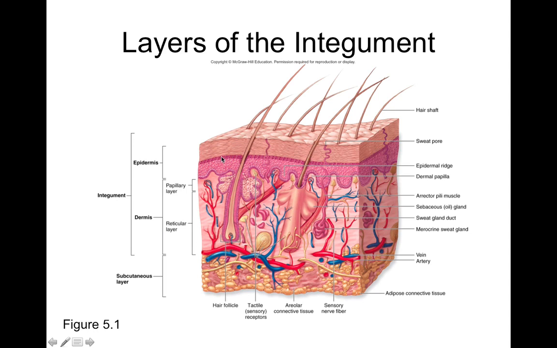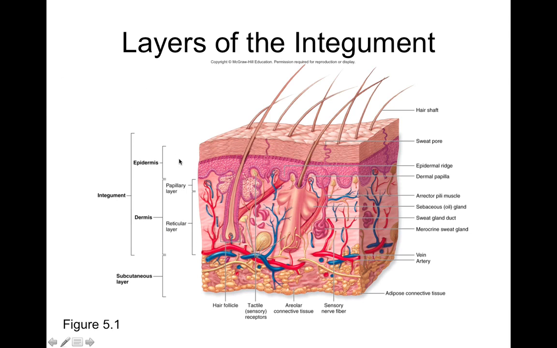But what we don't have is a lucidum, right? There is no stratum lucidum in thin skin or hairy skin. Instead, we go straight from stratum granulosum to stratum corneum. By the time these cells get to stratum corneum, they're essentially dead. There's no nucleus, there's no organelles, and these cells aren't living. They're basically just big old bags of keratin, right?